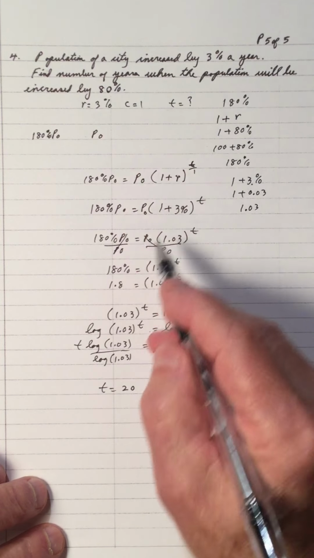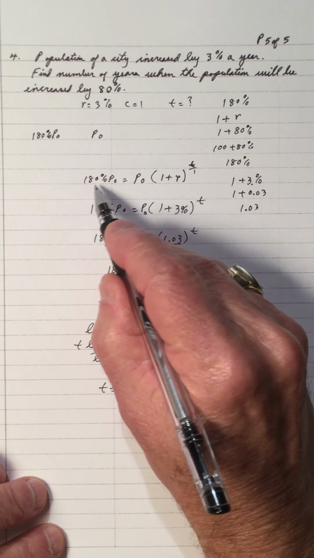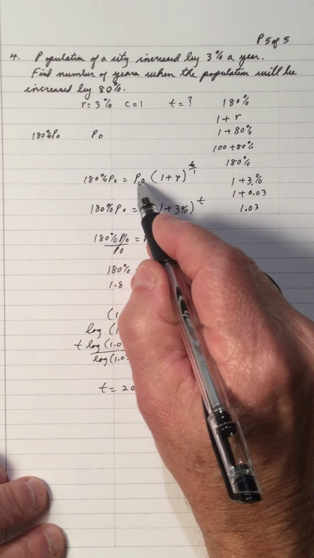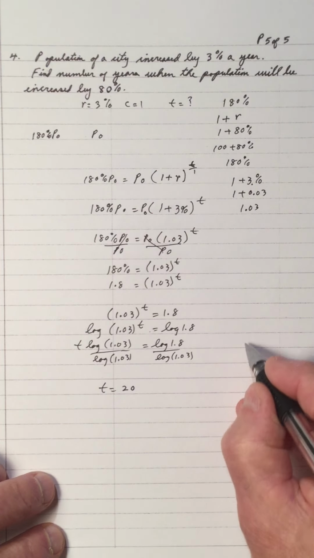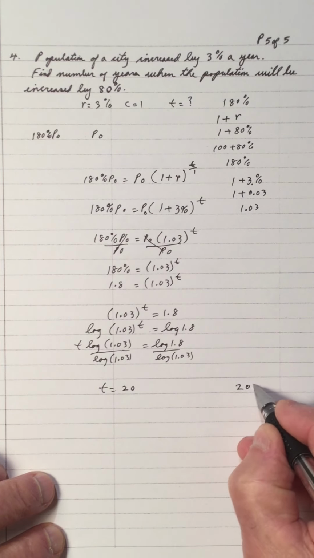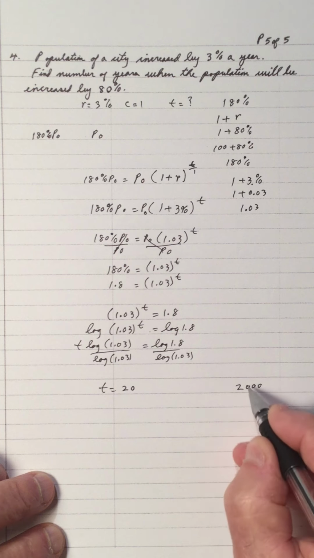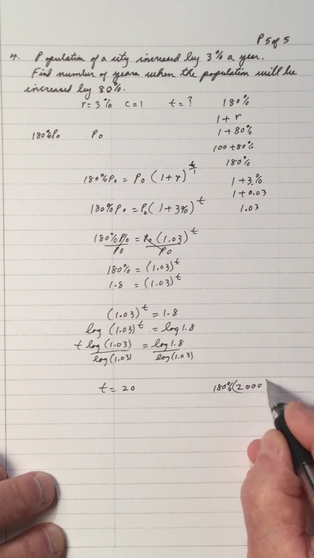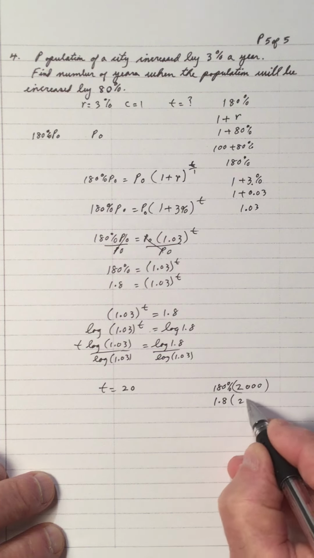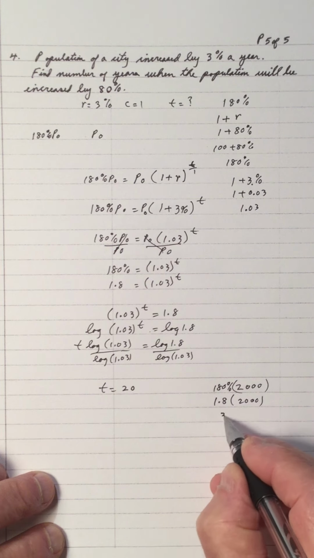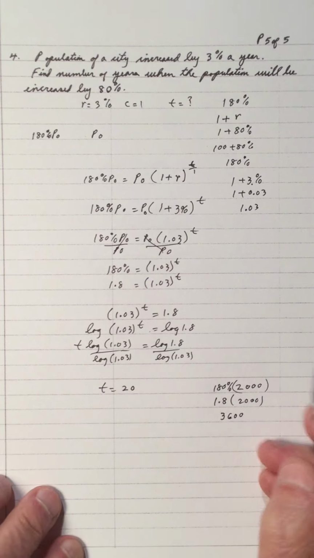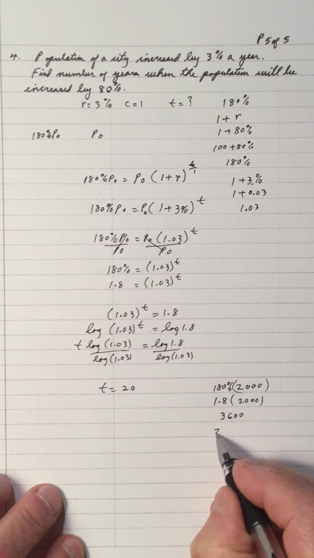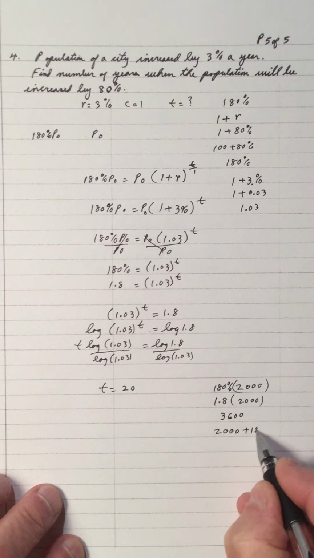Again, notice we have a P0, and this is 180%, so whatever this population is, 180% of it. If you take a population of, say, 2,000 people, and you multiply it by 180%, that's 1.8 times it, so you'll get 3,600. Notice it's not just 80%. The 100% is the 2,000, so it's 2,000 plus 1,600.